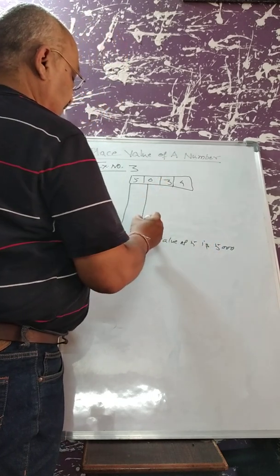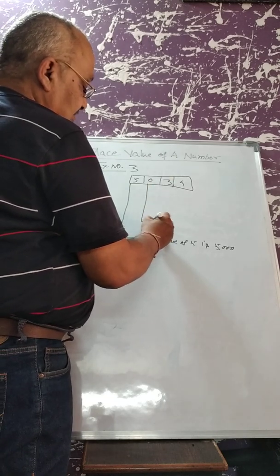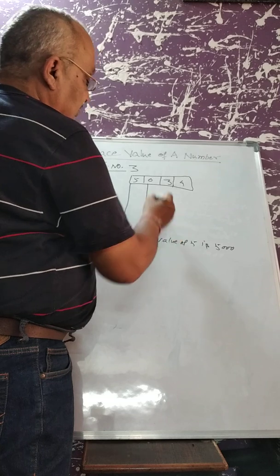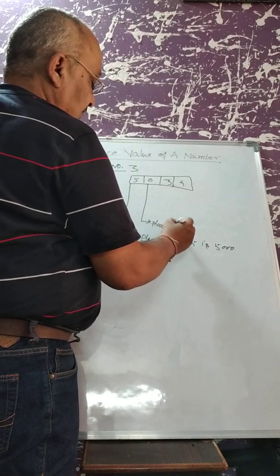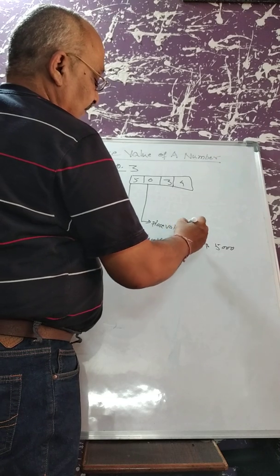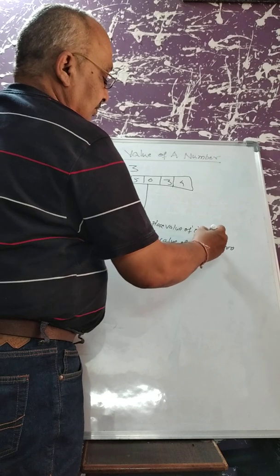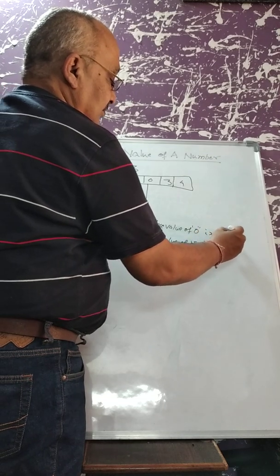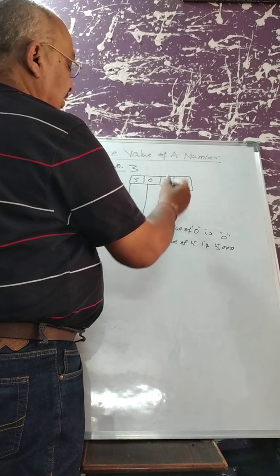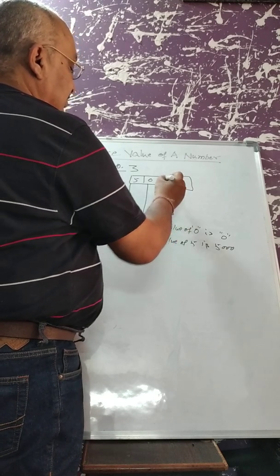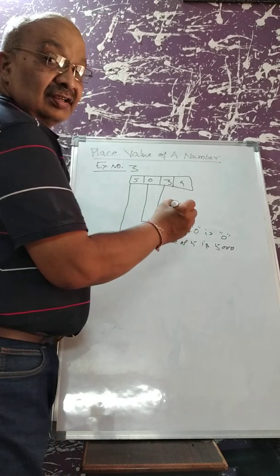And at the place of 100 it is 0. So since it is 0, the place value of 0 will always be 0. Next one is 3. So the place value of 3 is 3 tens, which makes 30.